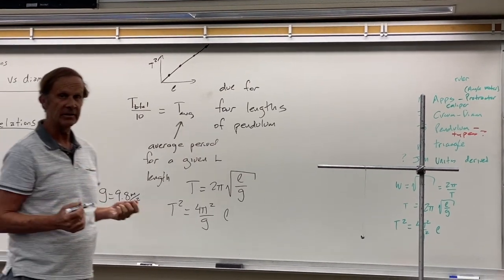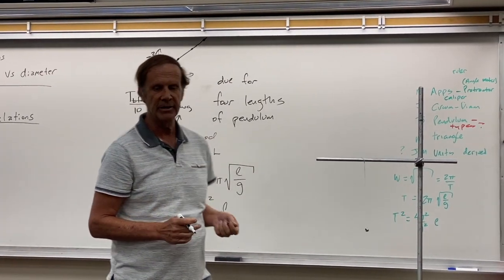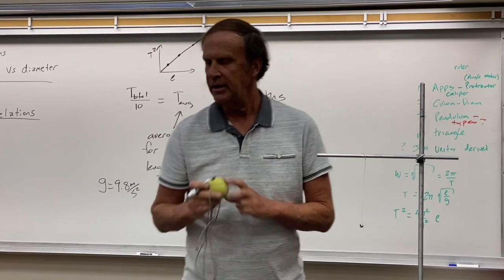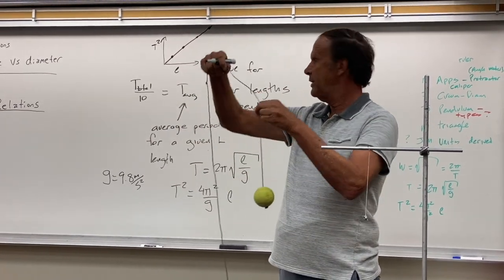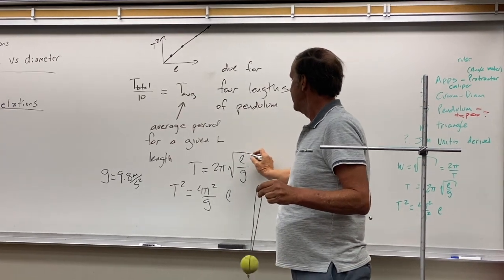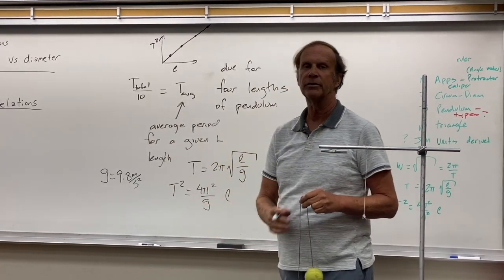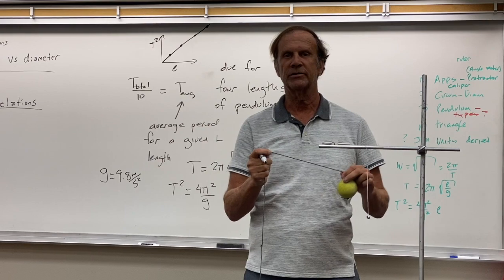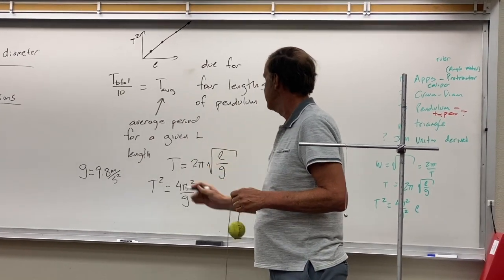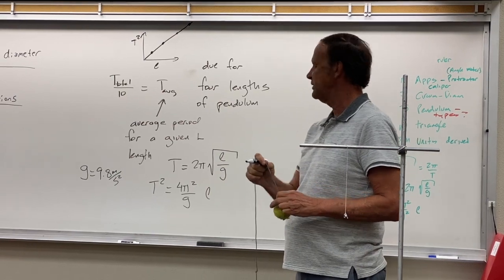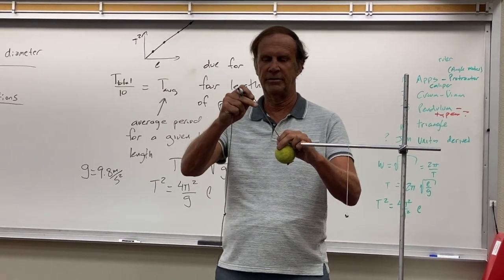Now what does it physically mean? Well, physically it means that if you cut the length of the pendulum in half, that should correspond to a 1 over the square root of 2 decrease in the period of the pendulum.